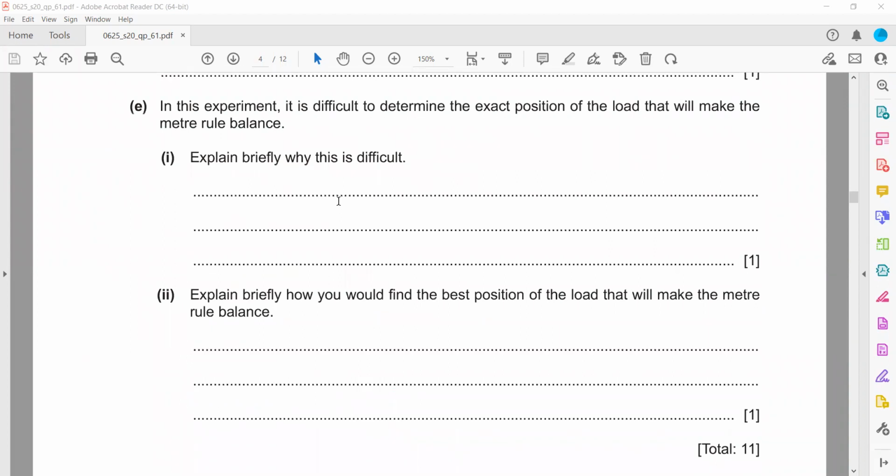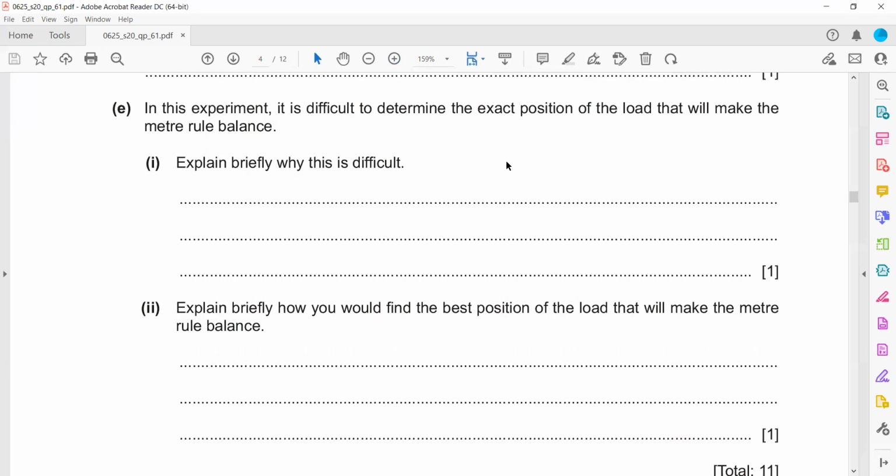In part E, in this experiment, it is difficult to determine the exact position of the load that will make the rule balance. Explain why this is difficult. So what is the difficulty here?